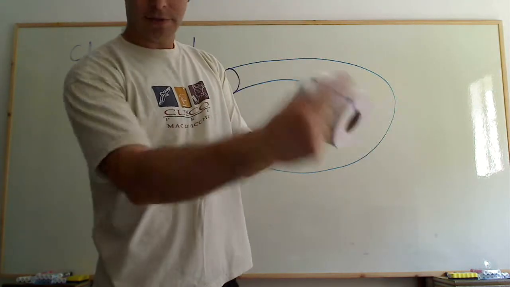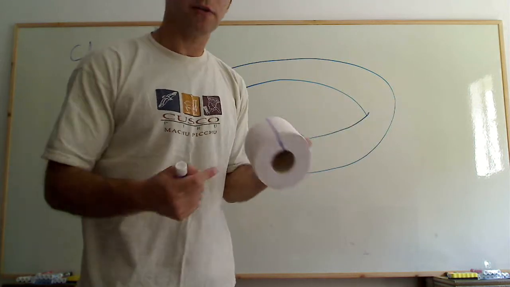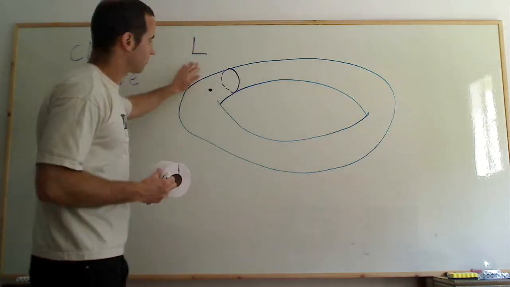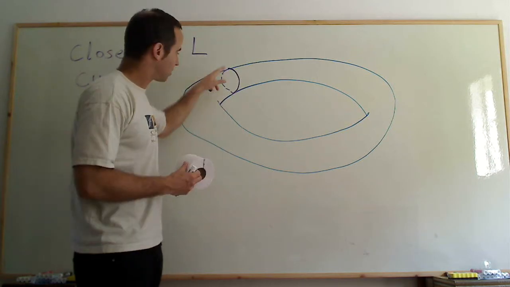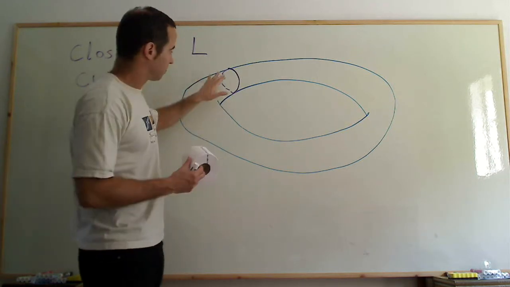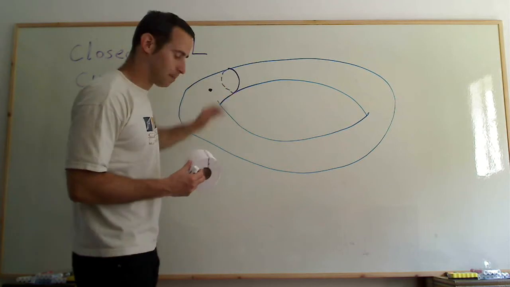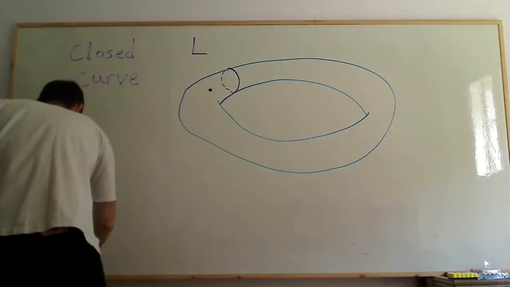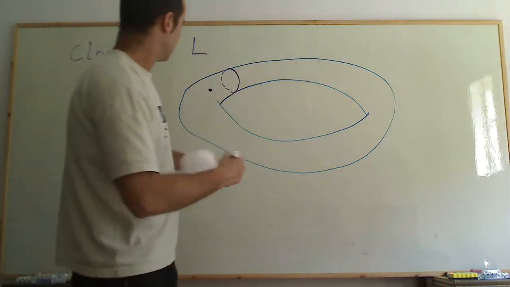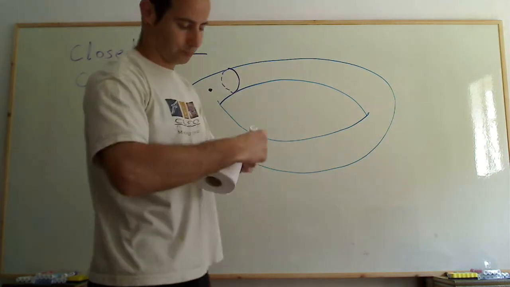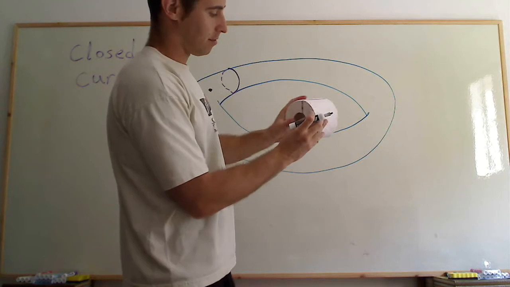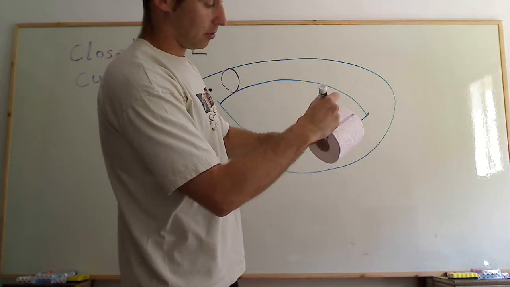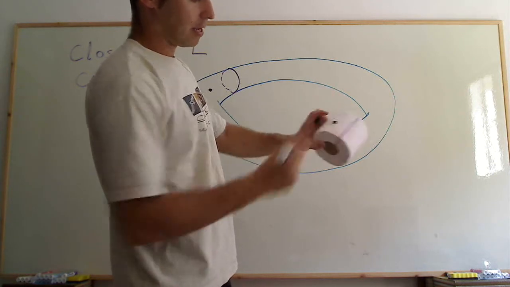This closed curve is called L. In our example, if we call it Joseph or something, it's his name, this one in particular. And now we make a dot, like this dot. So for example, if we have this and we put a dot here, okay?